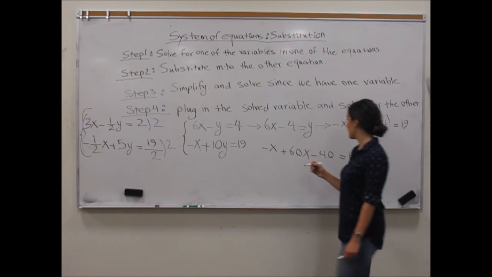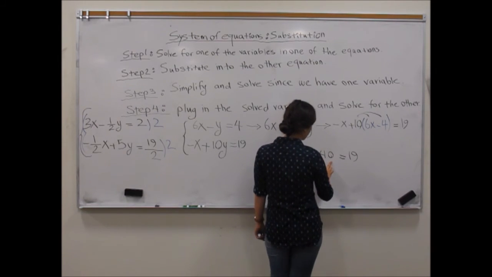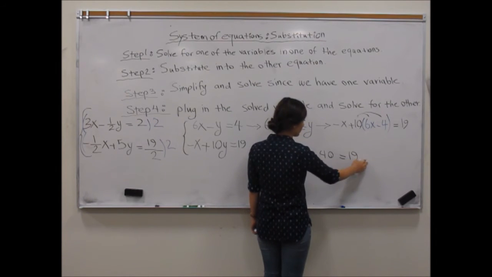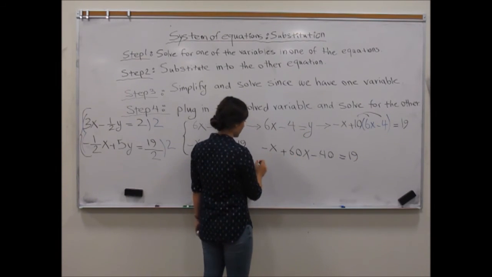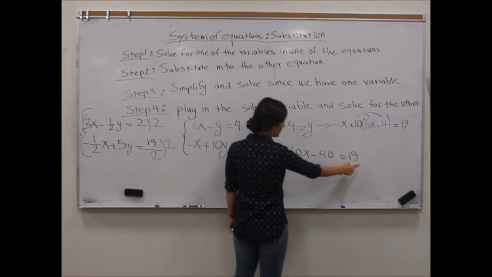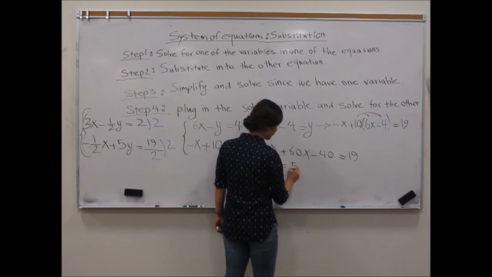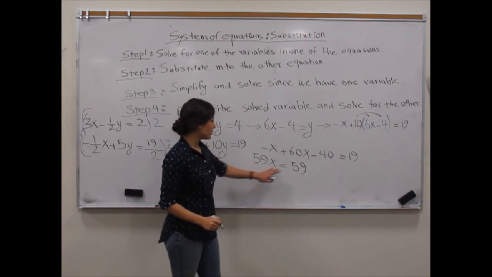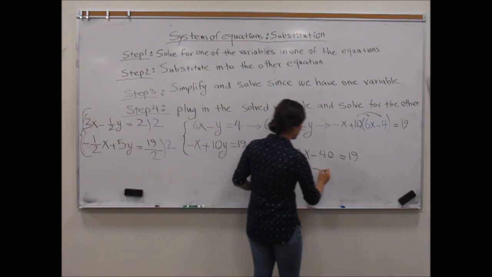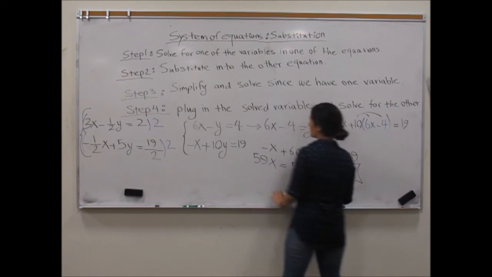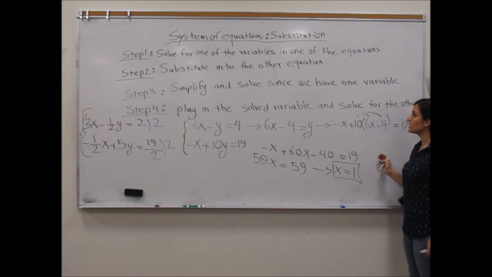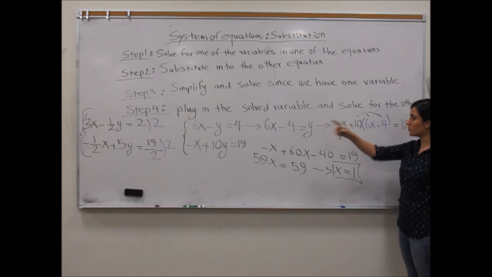Okay, so here I'm going to move this negative 40 to this side, so plus 40, and then 60x minus 1x, I would have 59x on this side, and then plus 40, I would have 59 here. So if I divide both sides by 59, I would get x equal 1. So this is for x, and then we're done with step 3.